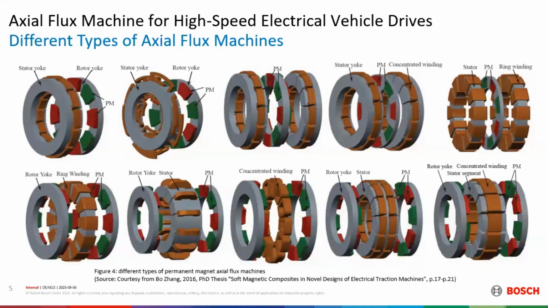Moving to the second row, all the 5 machines in the second row belong to the family of double rotor, middle stator axial flux machines. We see a ring winding stator nestled between two surface magnet rotors, and its adjacent model shows us ring winding.